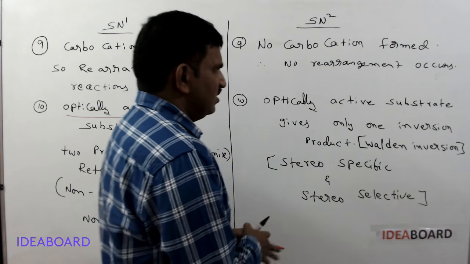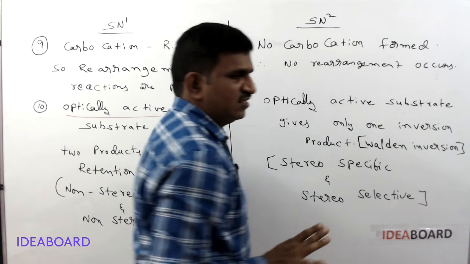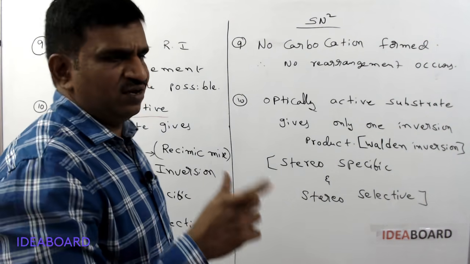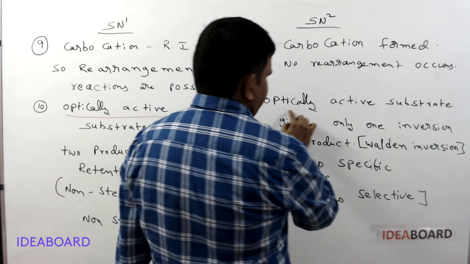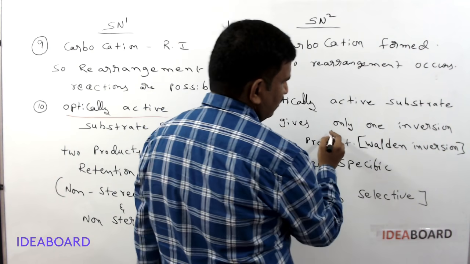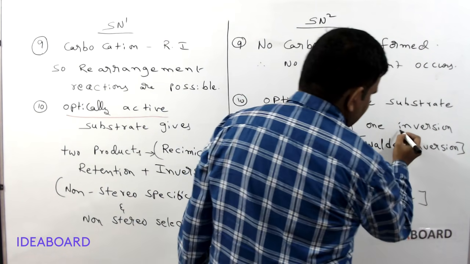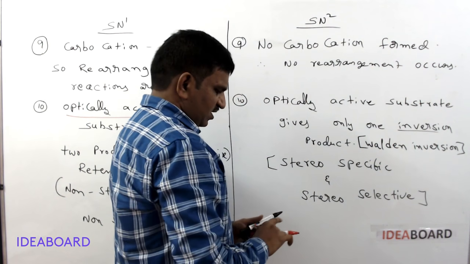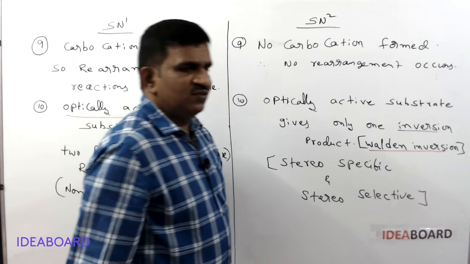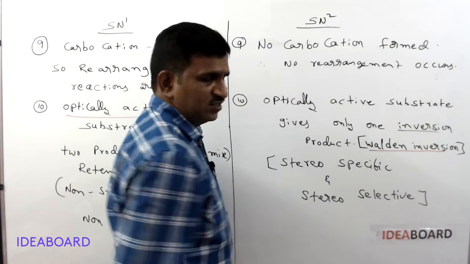Similarly, in the SN2 mechanism, if an optically active reactant is taken, meaning a chiral carbon, it gives only one inversion product. That inversion product was first observed by the scientist Walden, so it is called the Walden inversion product.